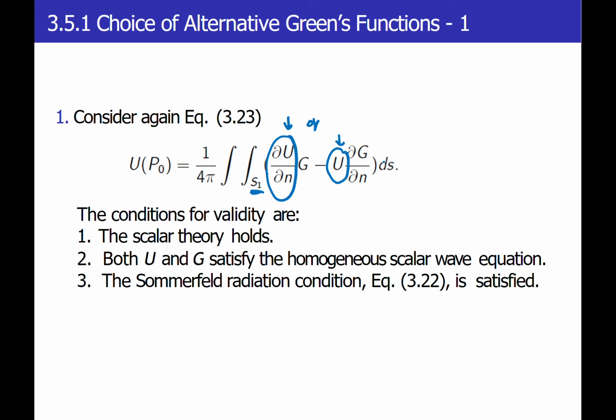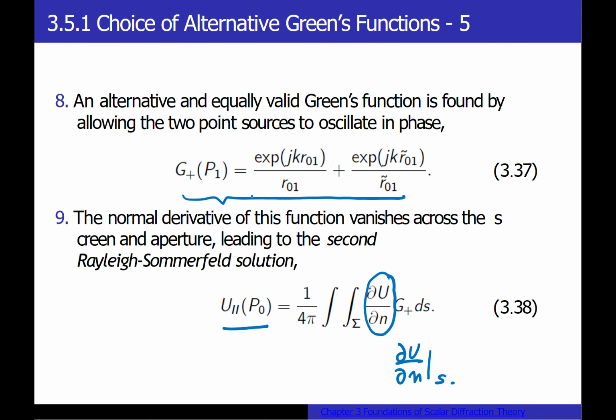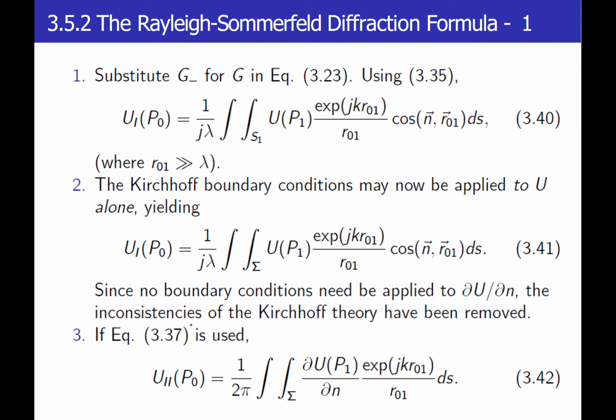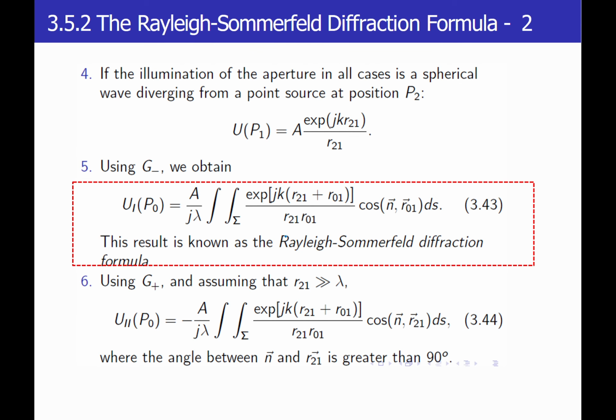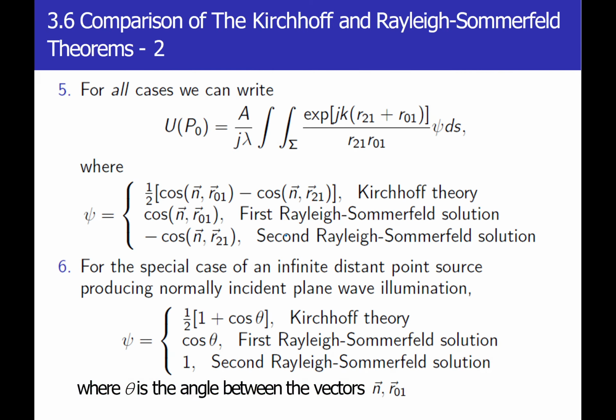So Rayleigh-Sommerfeld came up with this Green's function, and then you get these solutions, which require only knowledge of the normal derivative on the surface and, in fact, the aperture. And in the case of U2, let me just try to tell you the things.